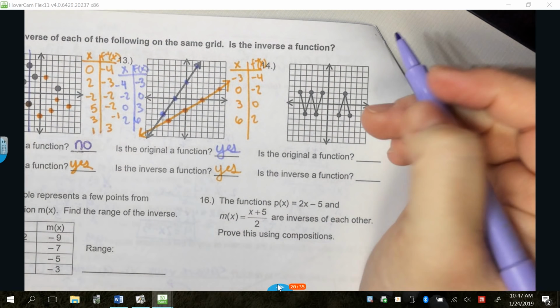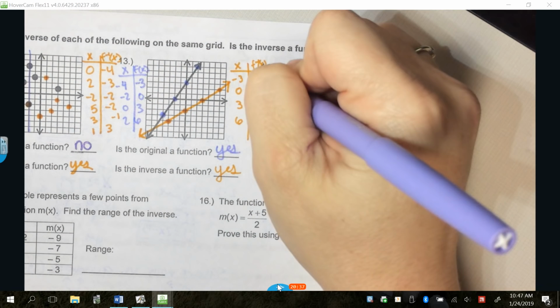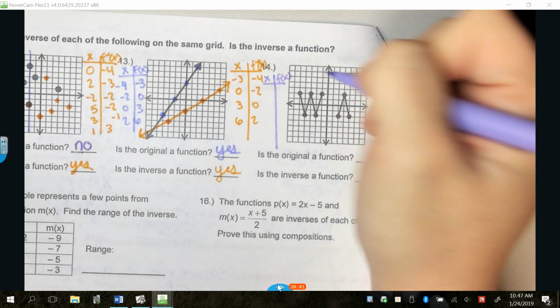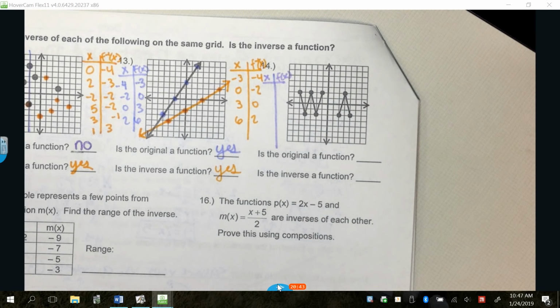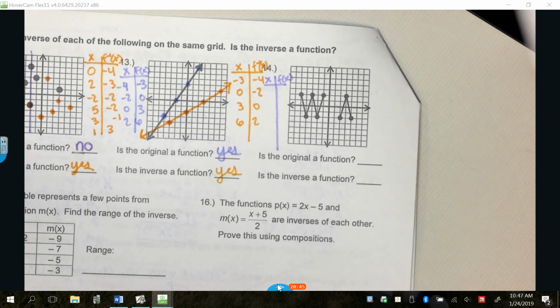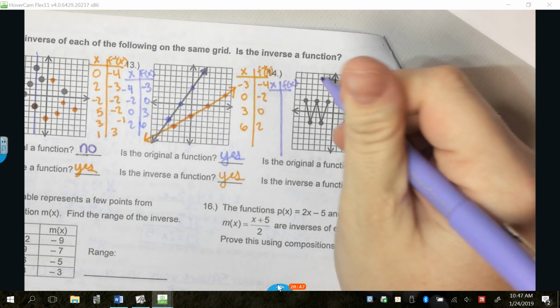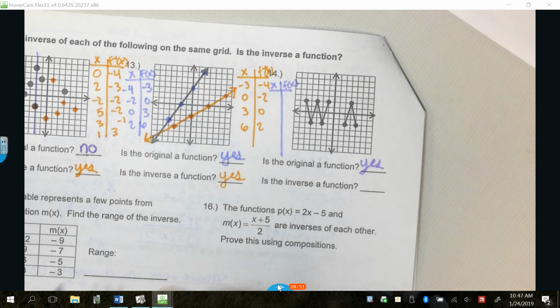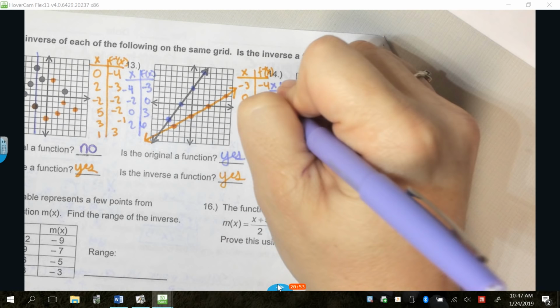Okay, last but not least, this is a lot of points, so I'm going to write kind of small. So first off, this is a function because if I draw a vertical line anywhere, it will never touch more than once. So it passes the vertical line test.